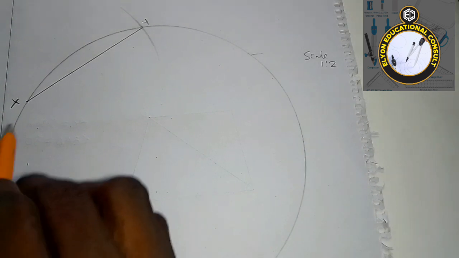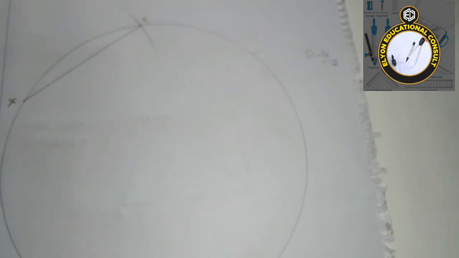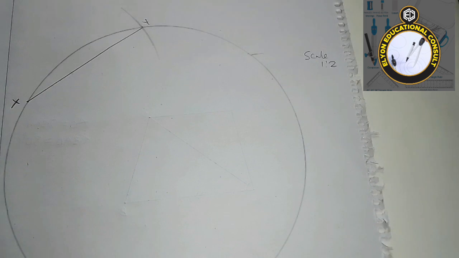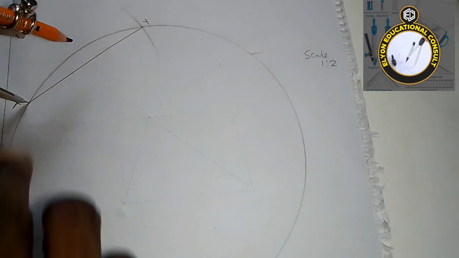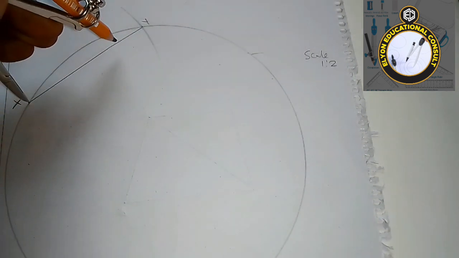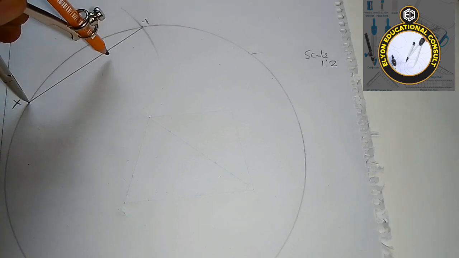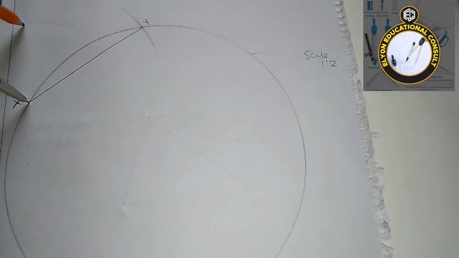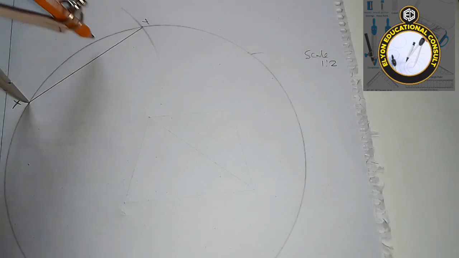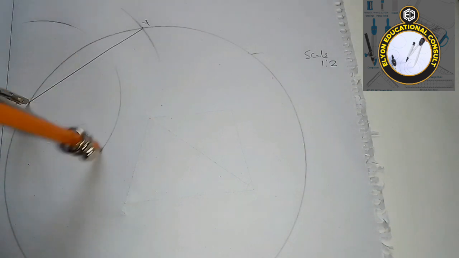So the next thing I will be doing now, I will bisect XY to get my midpoint. Place my compass here. I'm going to bisect XY. Strike an arc this way.